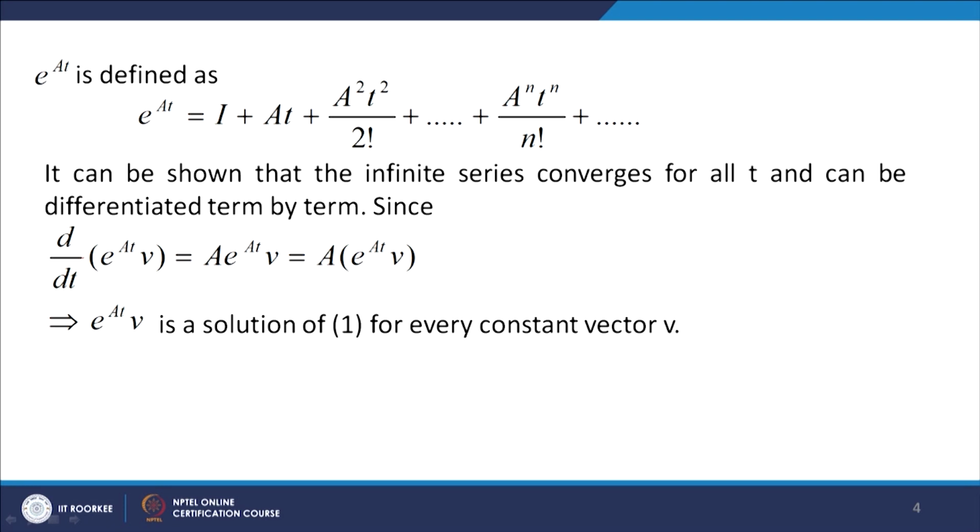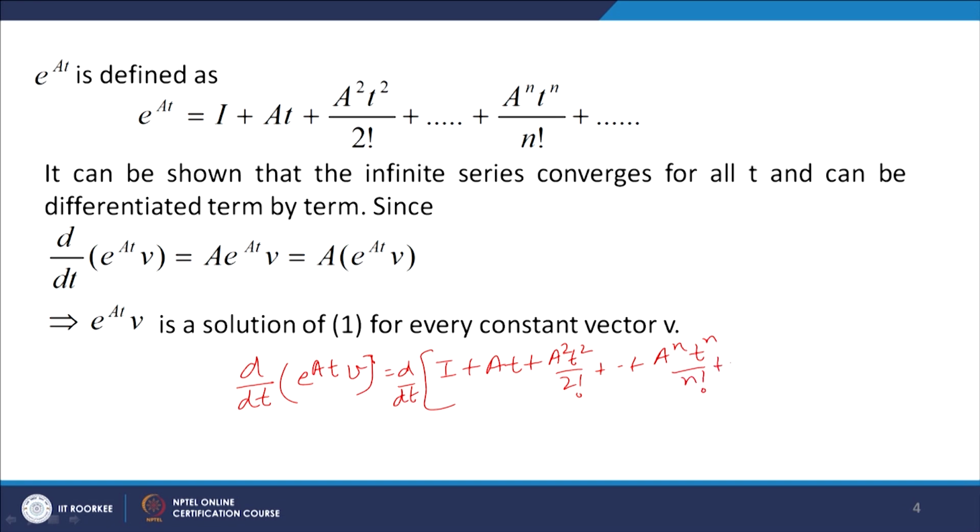Now, if you find d over dt of e to the power At into b, what do you get? This is equal to d over dt of I plus At plus A squared t squared by 2 factorial and so on, A to the power n, t to the power n by n factorial and so on, into b, where b is a constant vector.